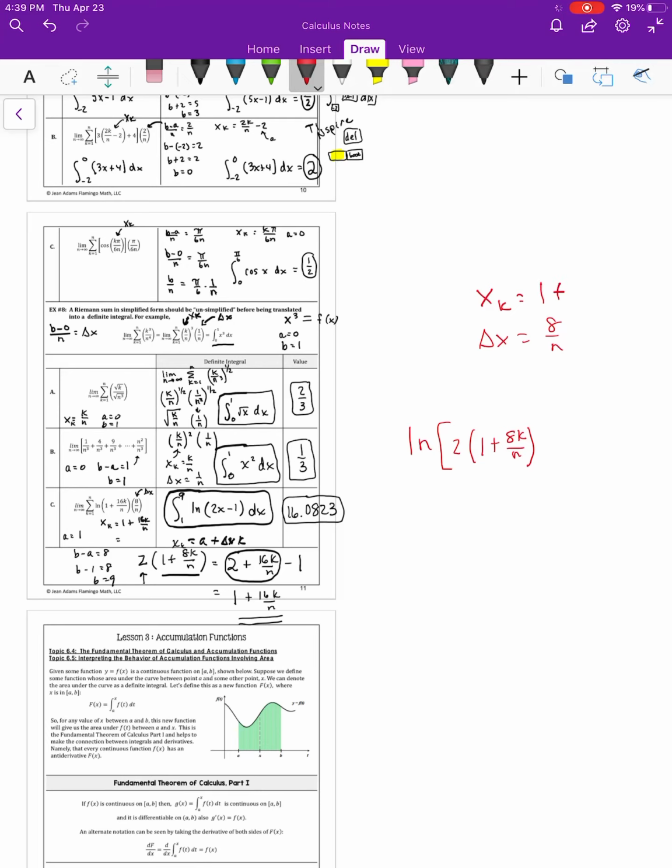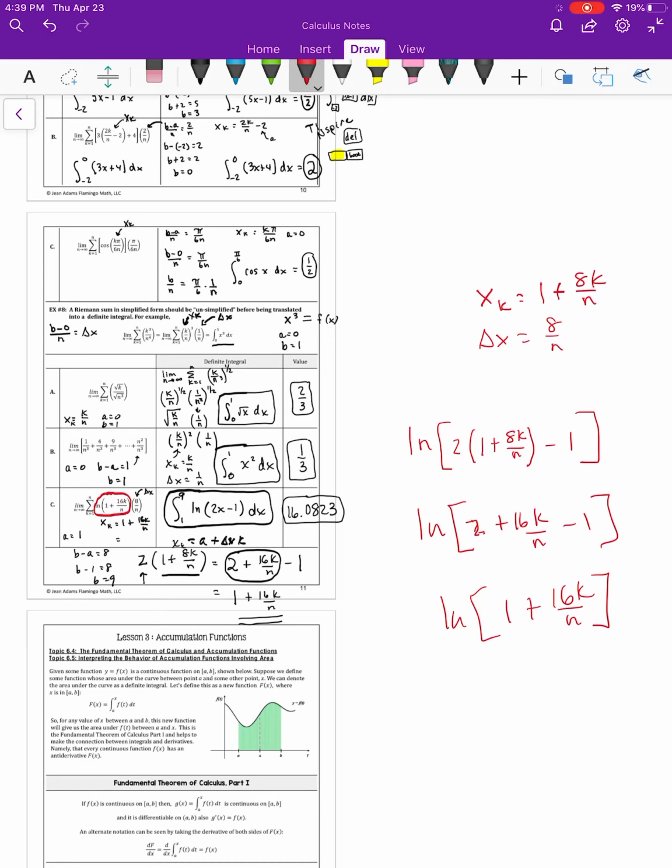And just to reiterate that last example, when you are thinking of what your function was, because it was ln of something, you decided that, okay, my delta x was 8 over n, my x sub k was 1 plus 8k over n, and so I'm going to put my x sub k into the x of my function.